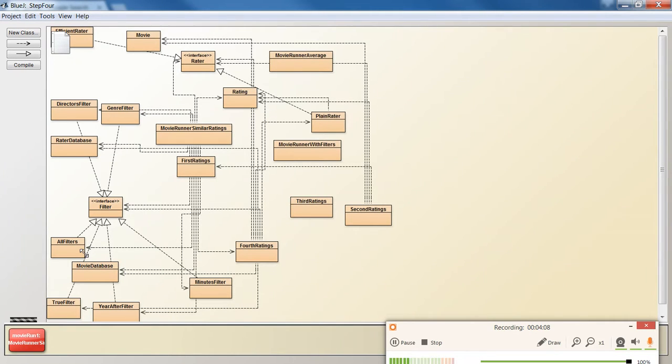The main class for this project is Movie Runner Similar Ratings, and this has already been loaded on my system. And this class exports 7 different functions, and these 7 functions are basically the kind of tasks you require from a recommendation engine.